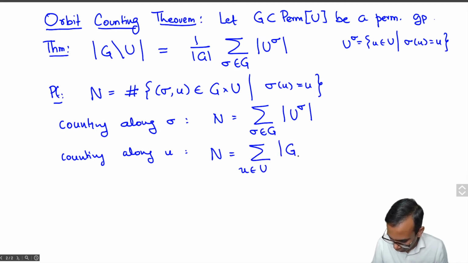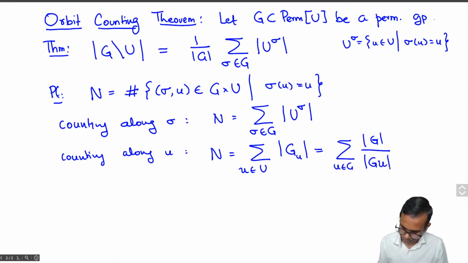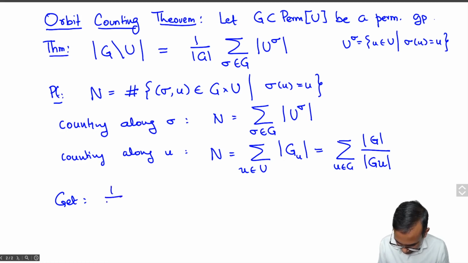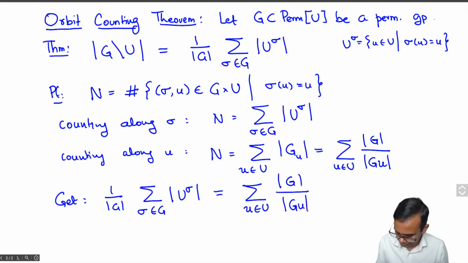Well, it's the size of the stabilizer of U in G. But by the orbit stabilizer theorem, we know that this is the sum over U in U of the cardinality of G divided by the size of the orbit of U. So what we get is that the left hand side is exactly equal to the sum over U in U of cardinality of G divided by cardinality of the orbit.